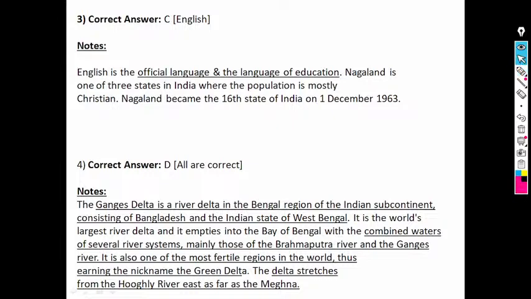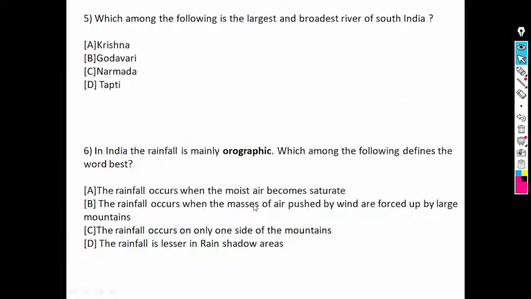Next question, look. Which among the following is the largest and broadest river of South India? Krishna, Godavari, Damodar, Tapi. Large and broad. It is Narmada.